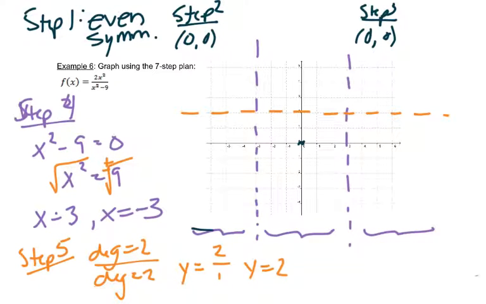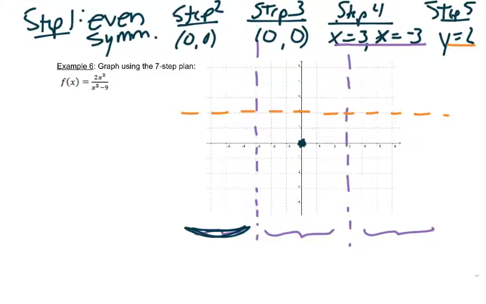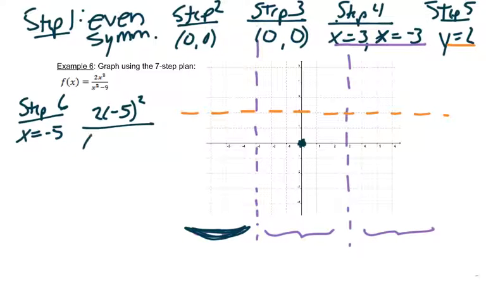So we need an x value on this side. So maybe I'll choose x equals negative 5. Let me create some room to work. So now we're ready for step 6, which is just finding some points. Like I said, I think I'll start with negative 5 as a number from this left section. So we have 2 times negative 5 squared over negative 5 squared minus 9.